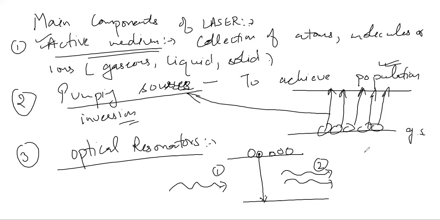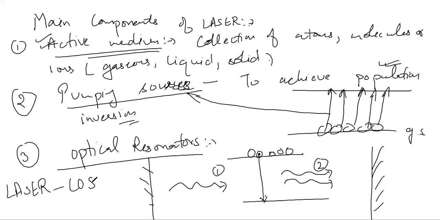And if you remember, I said if you put mirrors here and reflect these photons back, you can make them oscillate here and there. Actually, the interesting thing is that initially laser was supposed to be called loser, because you are making light oscillate between 2 mirrors, and its full form was light oscillation by stimulated emission of radiation rather than light amplification.